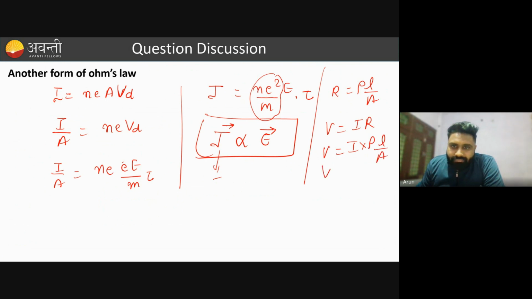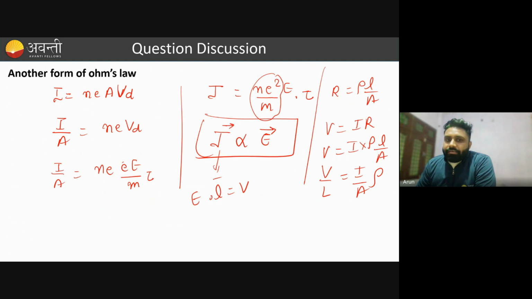You can write V by L equals I by A into rho. Now V upon L is nothing but the electric field, because electric field multiplied by length is equal to voltage applied. So we can replace V by L with the applied electric field, which is equal to I by A, that is J, into rho. And rho is the resistivity.